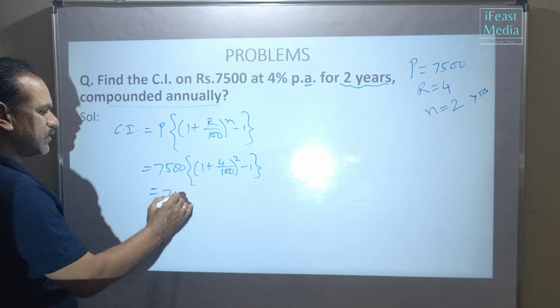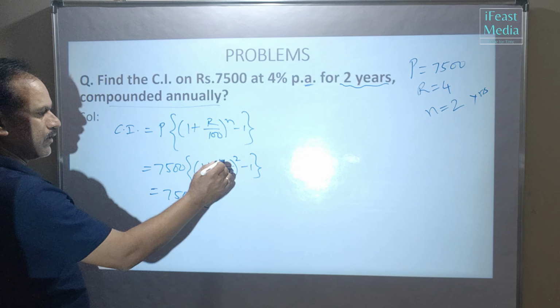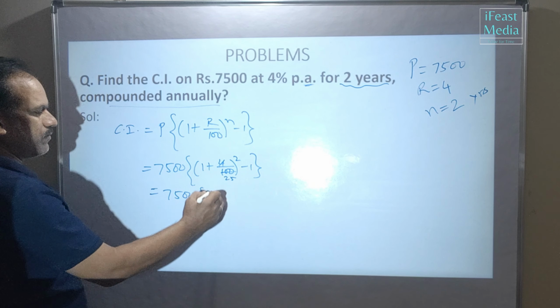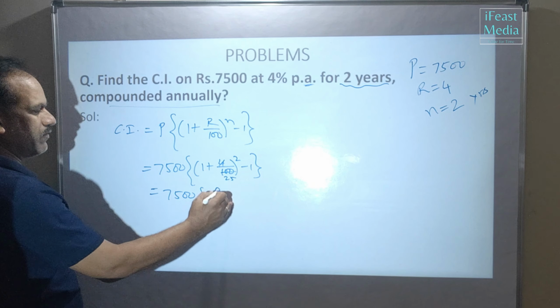So, it is 7,500 into 26 by 25 whole square minus 1, which is 7,500 into 26 square minus 25 square by 25 into 25. This 25 gets cancelled here for 300 times. Here again, in 100 you have 4 25s, in 300, 3 into 4, 12.